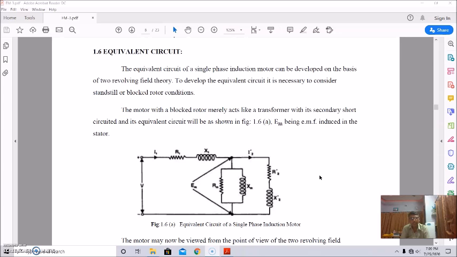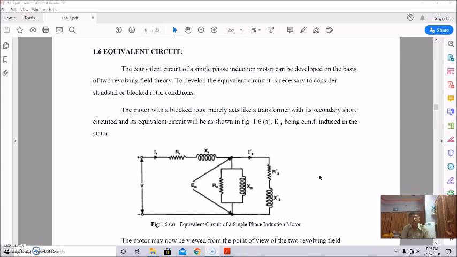Today we'll start a new topic, that is the equivalent circuit of single phase induction motor. So let us start how the equivalent circuit of the single phase induction motor can be drawn. It can be developed on the basis of two revolving field theory, and to develop the equivalent circuit it is necessary to consider standstill or blocked rotor conditions.